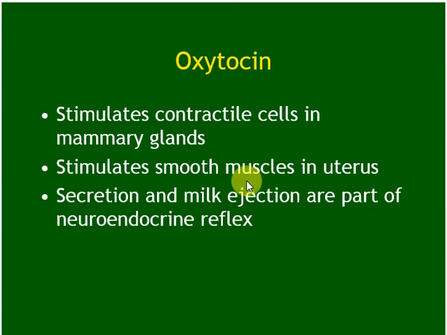On the other hand, when it contracts the mammary glands, the milk will be ejected, and this is a reflex. This is an example of a neuroendocrine reflex. When the baby starts to suckle from the breast, the nervous system, which is the neuro part, will cause a release of oxytocin, and oxytocin will return and contract the muscles around the mammary glands, pushing the milk out.